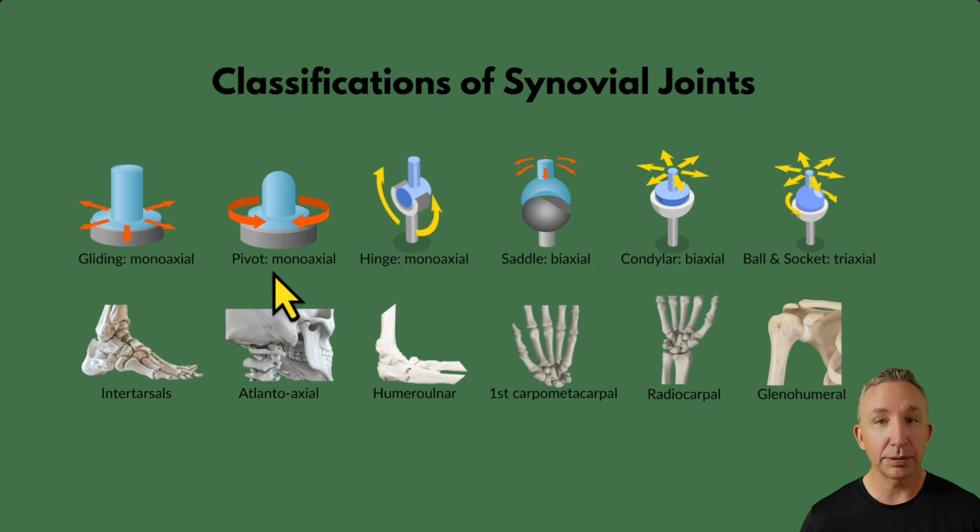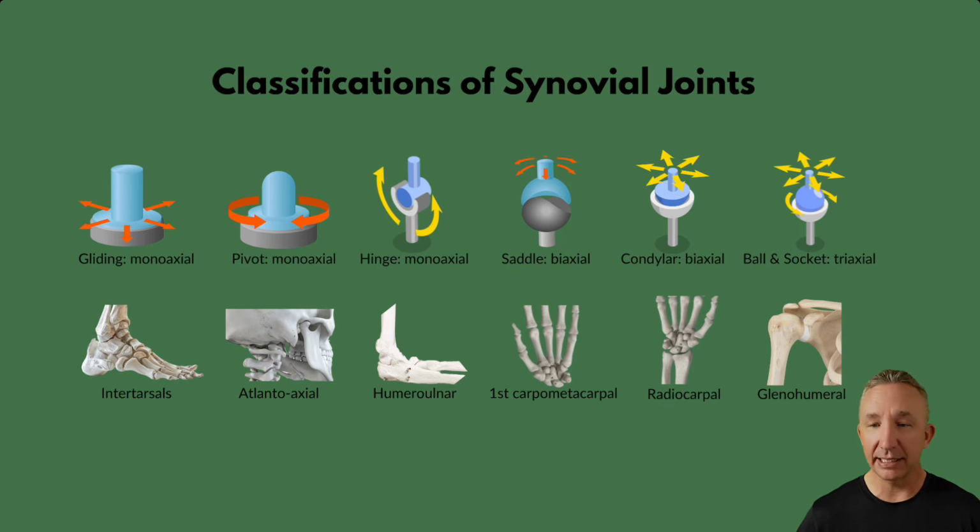You have this projecting process, and we call that the dens or odontoid process of the axis. And that articulates with that inner portion of the atlas. It's held by a ligament, but it creates that rotation that we've talked about. So when we say we pivot and change course, we're pivoting as we move our head, and that's considered monoaxial.